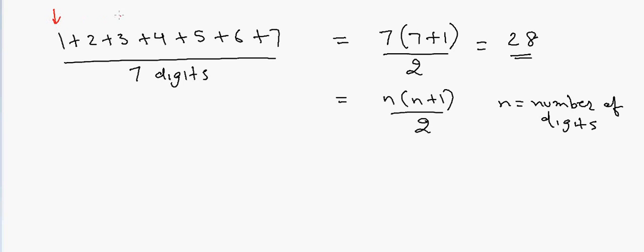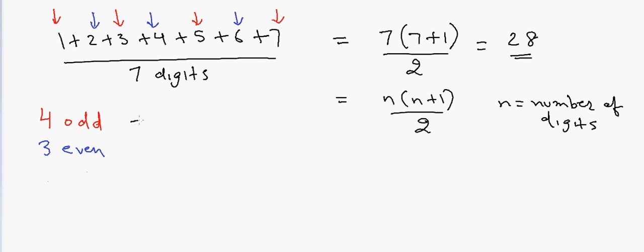We have 1 2 3 and 4, so we have 4 odd numbers. And talking about even numbers, we have 1, 2 and 3, so 3 even numbers. So how can we use that approach?